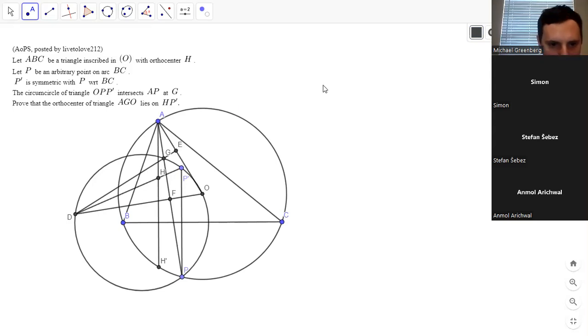Then FD times FO is equal to FG times FA, because of the reflection. And FA is FP. So by power of a point, DGOP is cyclic.